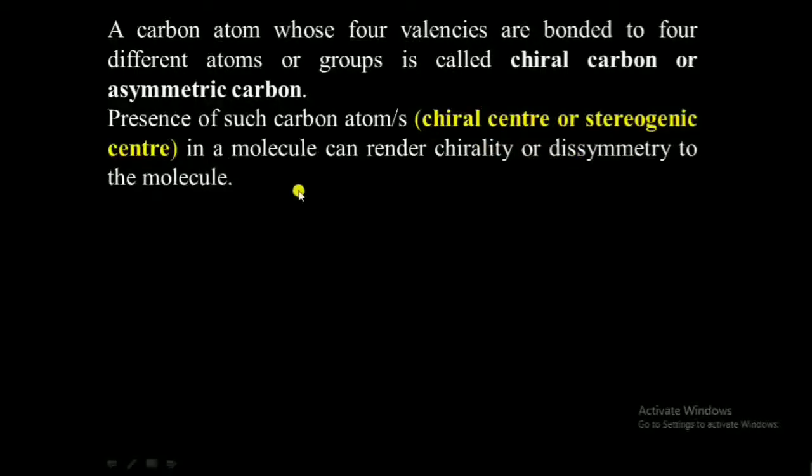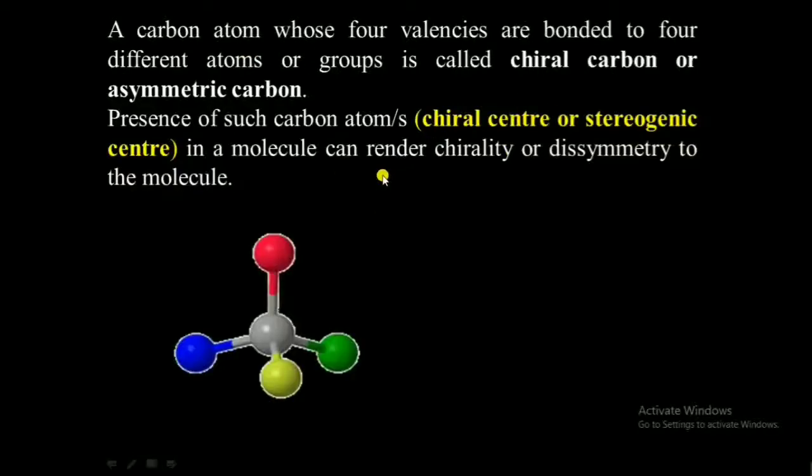So a compound where there is a chiral carbon. Chiral carbon means all of its 4 valencies are satisfied by different groups or atoms. So if a molecule possesses a chiral carbon, that molecule exhibits optical isomerism because that molecule is then dissymmetric. Okay. So consider a molecule like this.